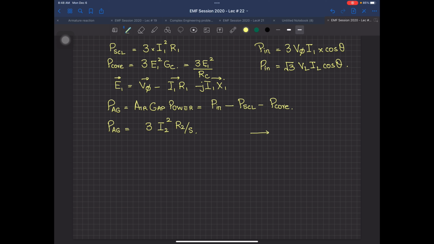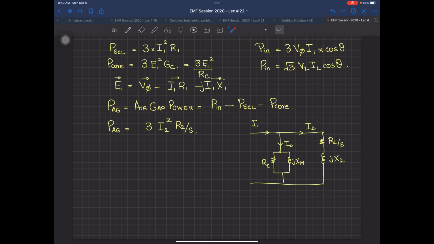So you have I1 current entering over here, and in this branch you will have RC, this is JXM, and here you have that resistance and inductance. So this is R2 by S, this is JX2. This branch is I0, this branch is I2.